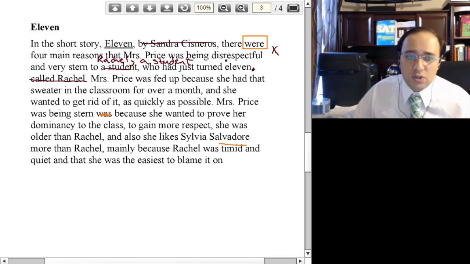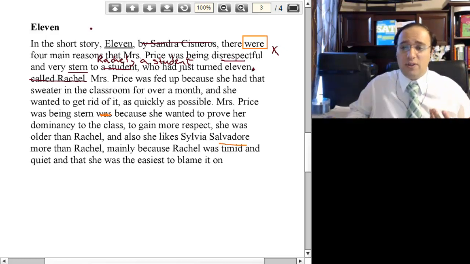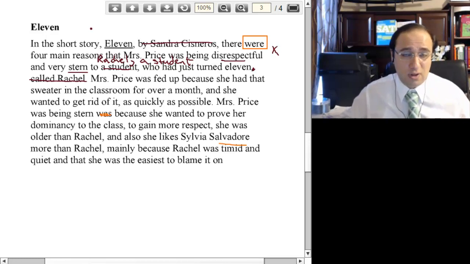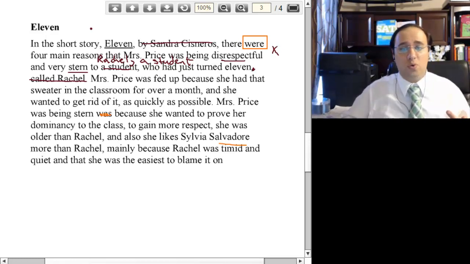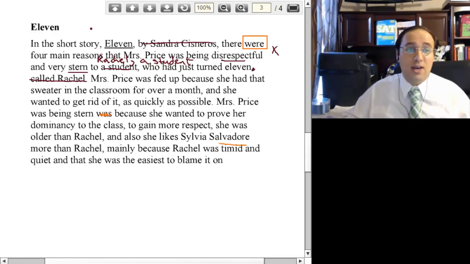Now, she was being disrespectful and stern. I really don't like the use of the word stern here, because she was lying. She was disrespectful. She was irrational. There are other words to better describe the way Mrs. Price acted. So disrespectful and very stern. Perhaps stern is not a proper adjective to use.